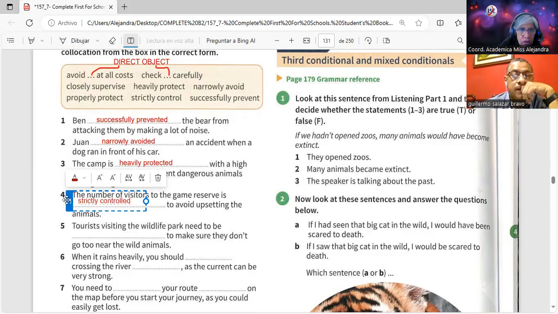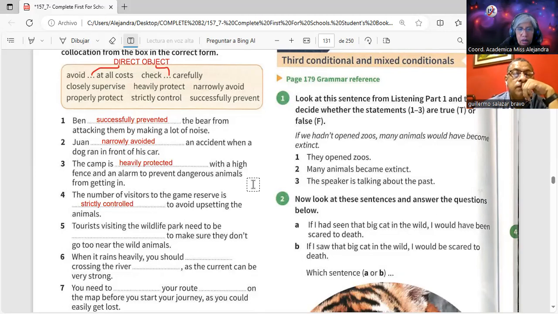Strictly controlled, to avoid upsetting the animals. Tourists visiting the wildlife park needed to make sure they don't go near the wild animals. Closely supervised.